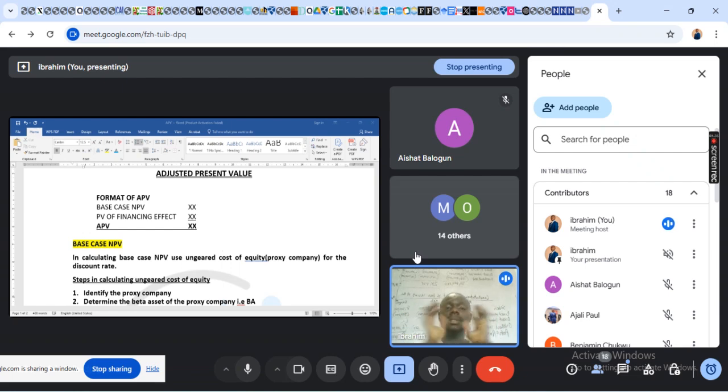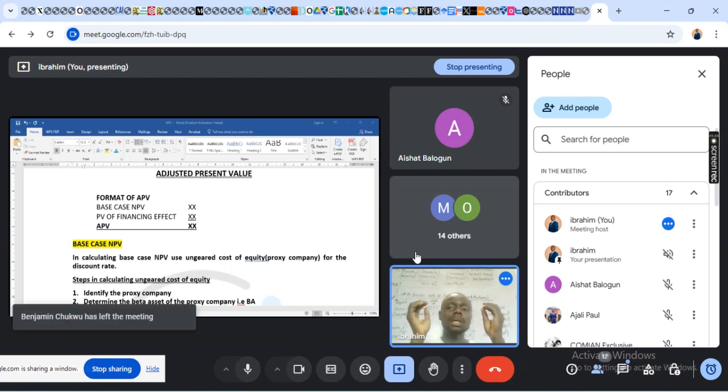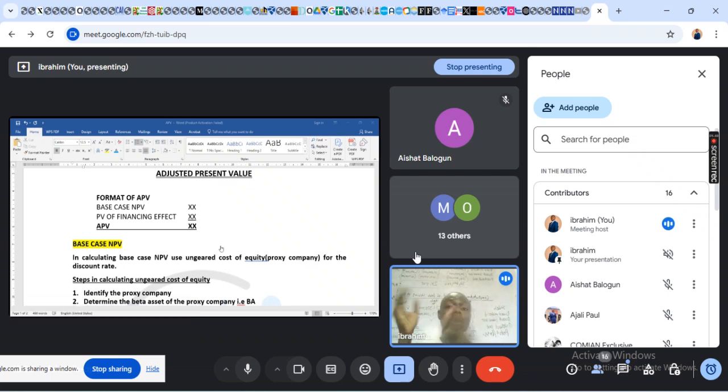When you want to discount a base case NPV, you use the ungeared cost of capital, so our cost of equity of the POSI company, to discount the project.